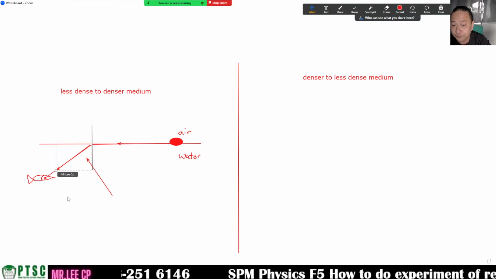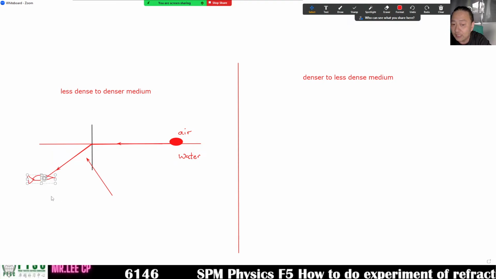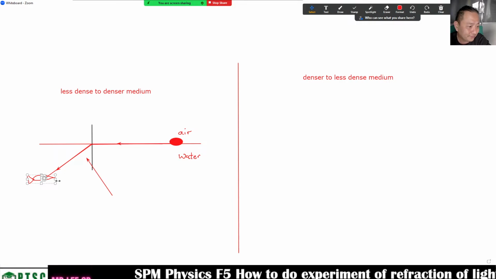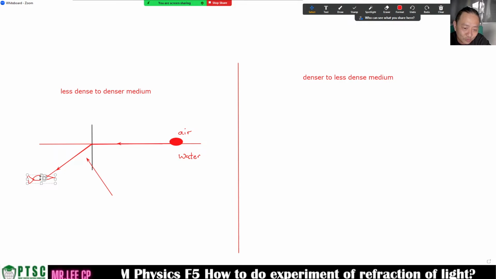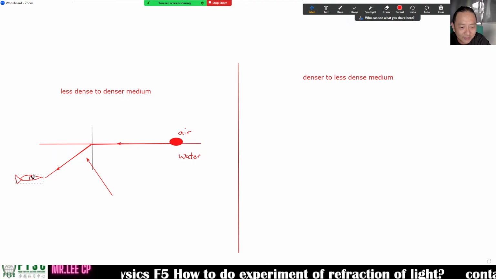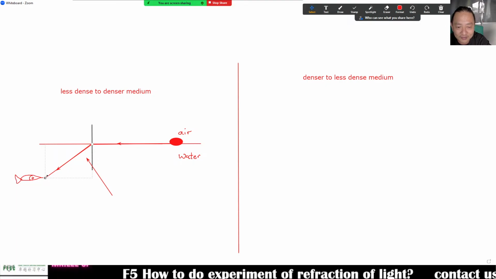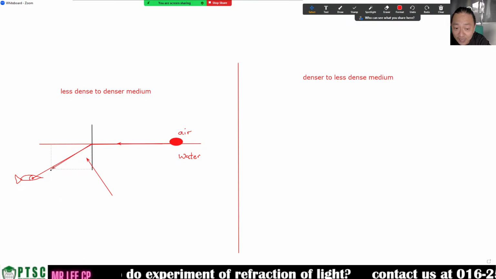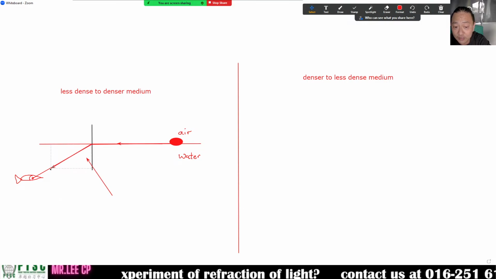That's why. Now, the fish finds the food here, cannot find the food here. Then the fish should start to move. Tak ada makanan. Move to here, find another way to find the food. So this angle is more than the critical angle already.